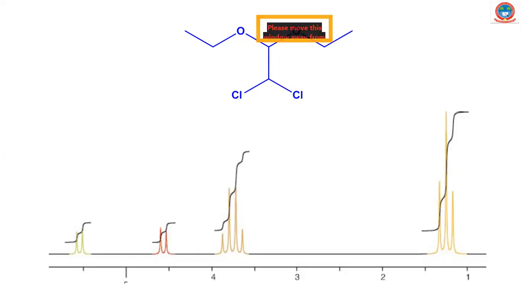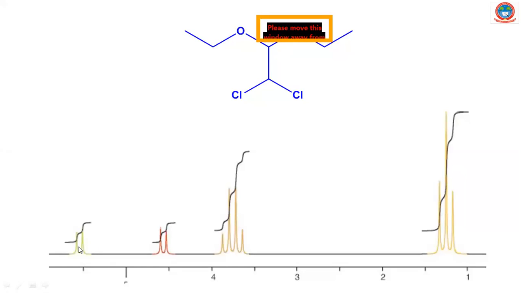This is the lower value, this is the higher value. Near the chlorine, yes, that's right. The electronegativity of chlorine is less than oxygen. So the proton which is in the vicinity of this oxygen will go to the higher value and as a doublet.